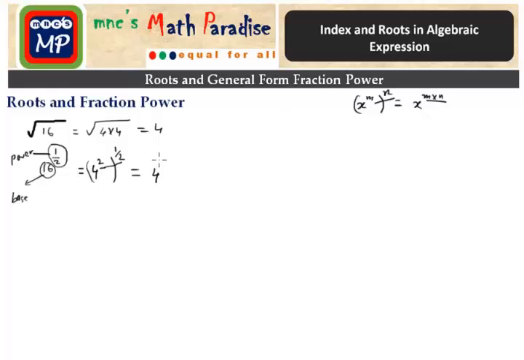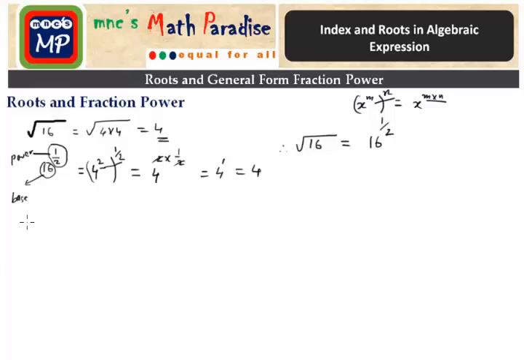So 2 times half, 2 cancel, we will get 4 to the power 1, that means 4. So we can see that root 16 is 4, 16 to the power half is also 4. So we can conclude that root 16 is 16 to the power half.